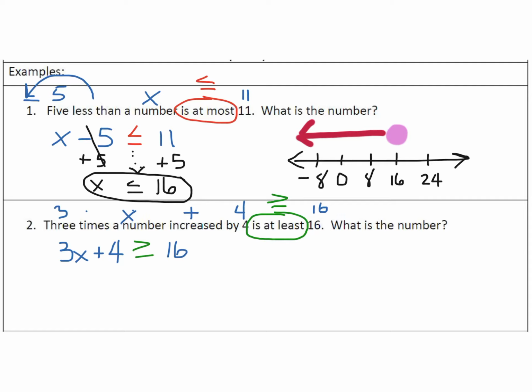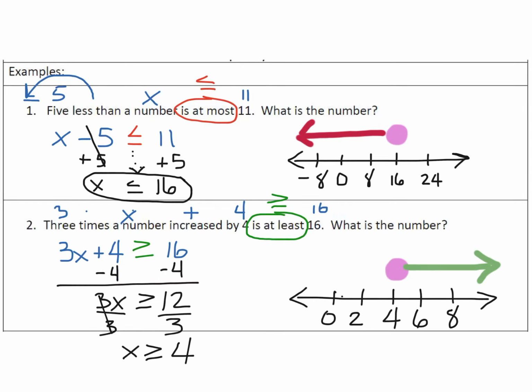All right, and the answer that I got when I solved it was x is greater than or equal to 4. Draw your number line and go ahead and draw your solution set on your number line.